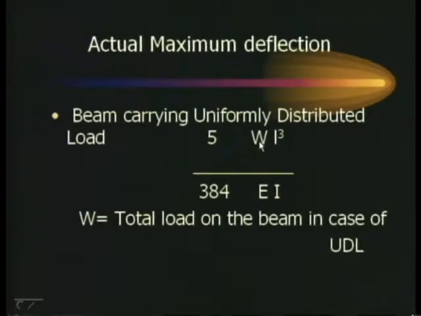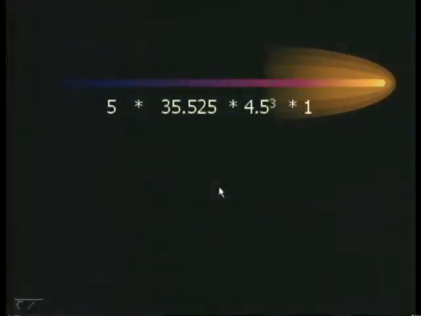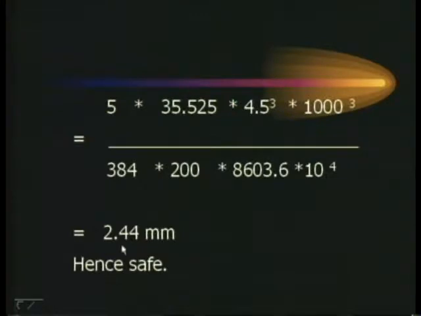In case this is the total load, here as I have told you, you take it as capital W. In case you take it as load per meter run, it will be small w into L power 4. Here this W indicates the total load of the beam. Fine. And now how much does this come to? It is very less, 2.44 mm. So, absolutely safe. Is it not?